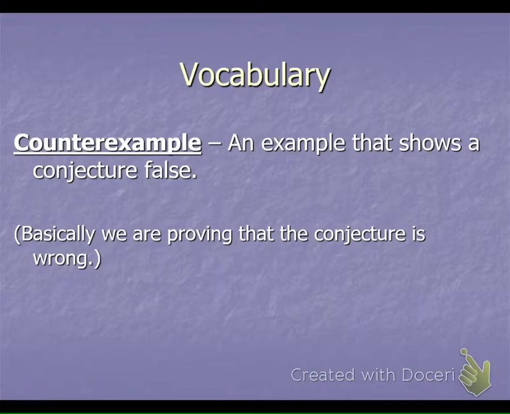So we are talking about counterexamples. A counterexample is an example that shows that a conjecture is false. So I actually, without using the word counterexample, asked you to try to think of one on the last two examples we did when I was like, can you think of a time this doesn't work? That would be a counterexample. Basically, you're just trying to prove that they're wrong.